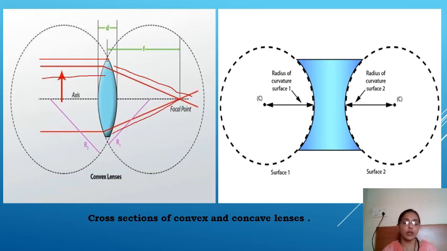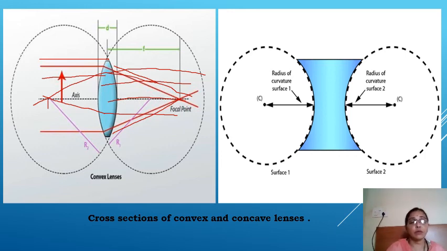Suppose a ray of light comes from this side, then where will it go and meet? It will go and meet somewhere here. So this is the next focal point. So it has two focal points. Please remember.